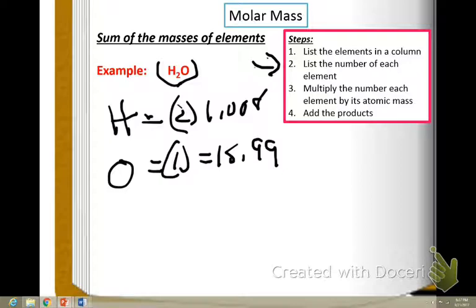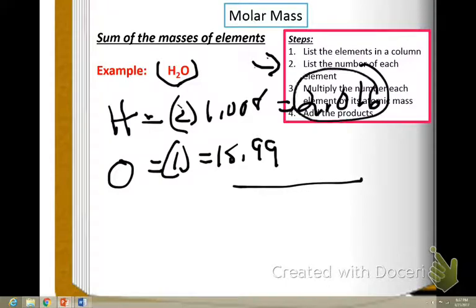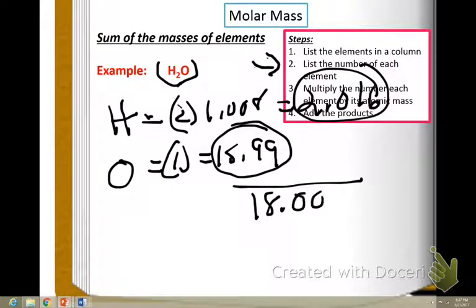So 2 times 1.008 is 2.016, and you're going to add that to 15.99. 2.016 plus 15.99 gives a total molar mass of 18.006. The units are grams per mole. So for 1 mole of the molecule water, you're going to have 18.006 grams.